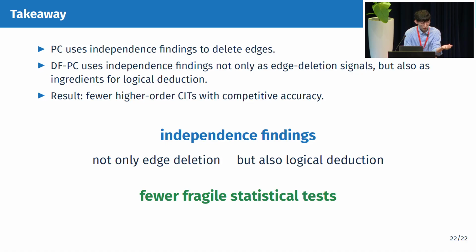Sometimes if the graph becomes denser, there might be more opportunities for DFPC to replace the higher order CITs. So sometimes, in denser graphs, it becomes more effective in some sense, but I guess it depends. Maybe there are other factors we should consider, not just the edge probability.